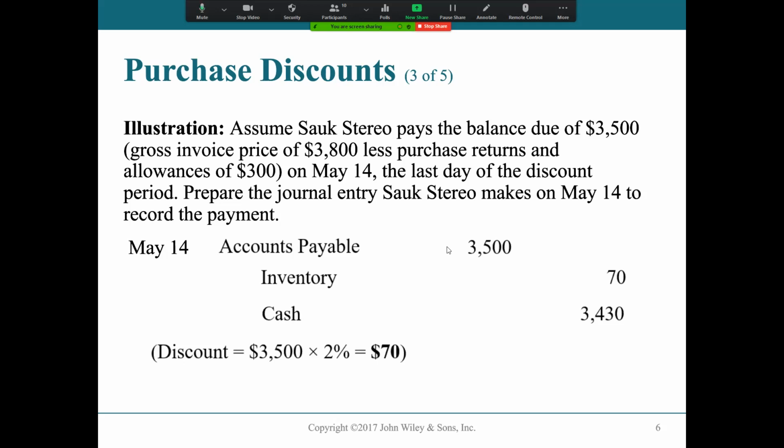Their accounts payable will go down by the full $3,500 that they owe. So we debit accounts payable, but they only have to pay $3,430 in cash because that's the amount they owe minus the 2% discount. The discount we actually record as a decrease to inventory. And this is kind of confusing because people think, wait, my inventory is not changing.